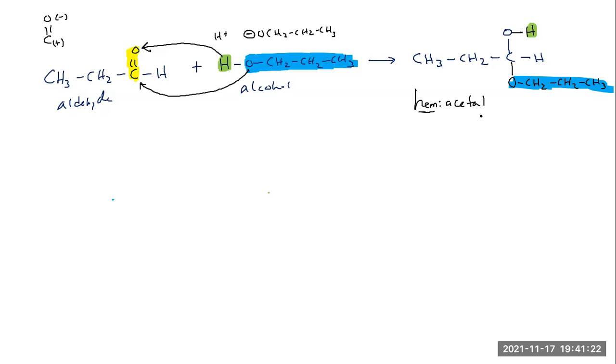So what are the major parts of the hemiacetal? Well, you want to look at where the carbon-oxygen double bond was, and look at that carbon, and it typically will have three things attached to it. It will definitely have an OH group, which is what we see here.